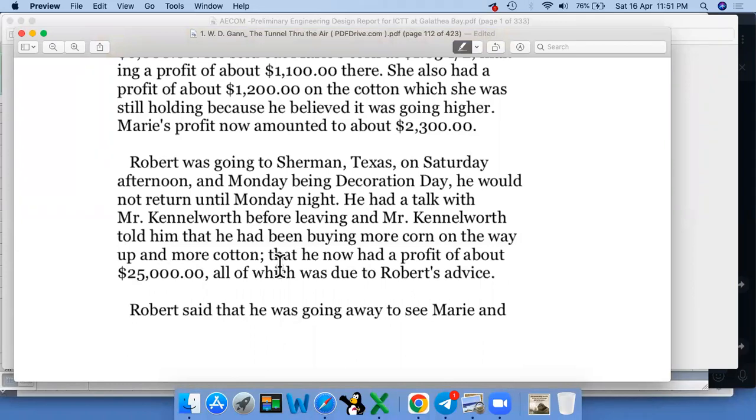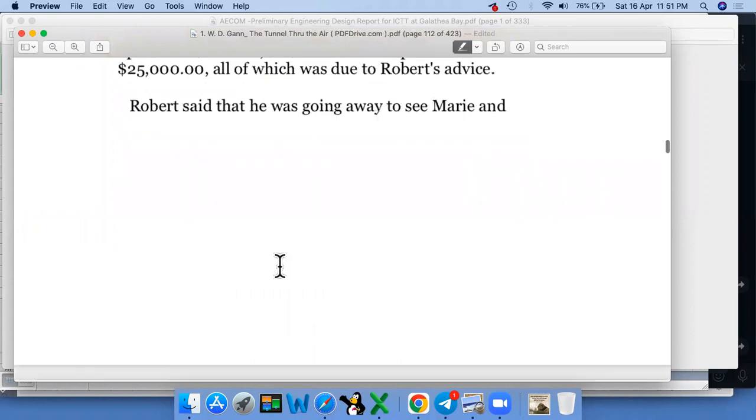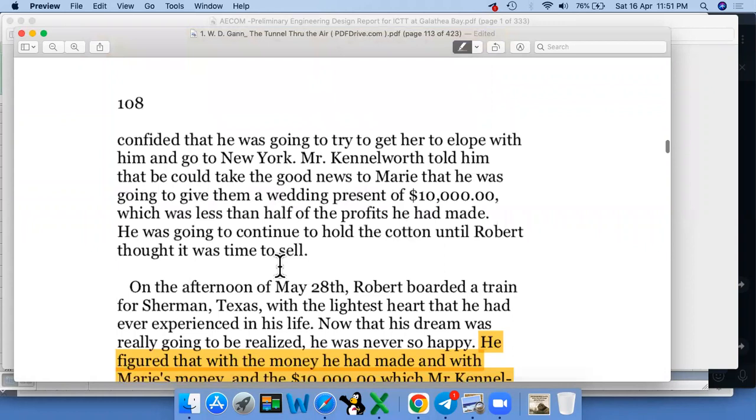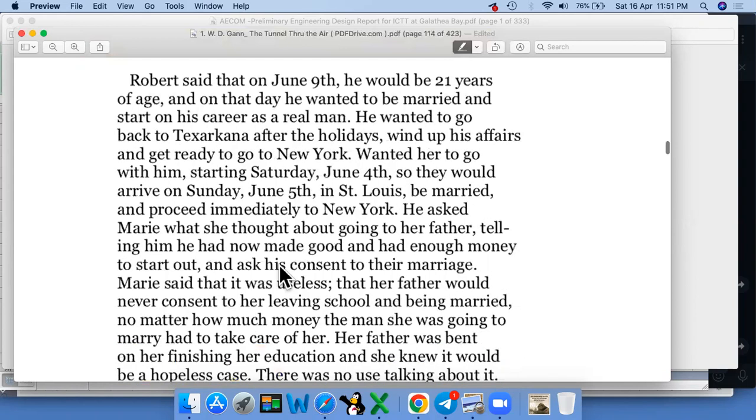So Mr. Kellenworth was also making good profits together, right? And Mary's profits. Let's see about Mary's profit also. So Mary had also somewhere around good and handsome profits.